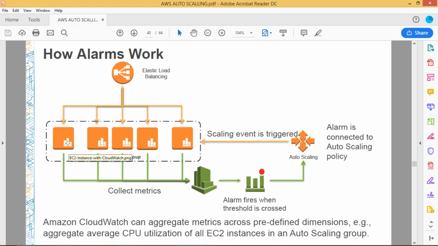CloudWatch will tell us that the CPU utilization is very high, the memory utilization is very high, the incoming traffic is very high, the outgoing traffic is very high. So we can provide information on why a particular instance goes down. Suppose an instance goes down, why is it down? That sort of information is asked for by management or the architect. Suppose the CPU utilization is very high and the network traffic is very high.